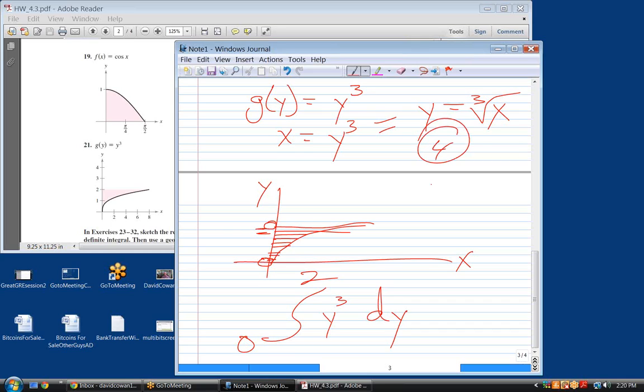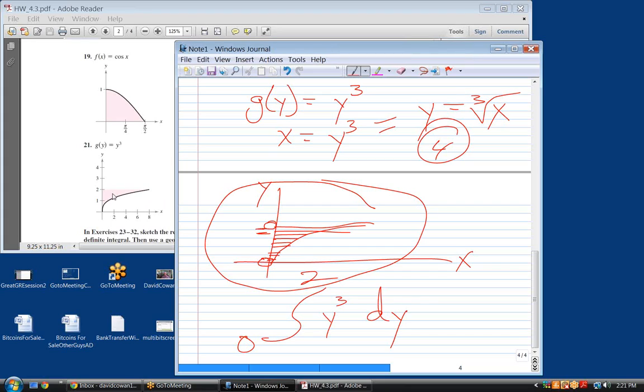Yes. Okay. First of all, do you understand this conceptually? Yeah. If I integrate on the y-axis, then I'm going to get the area between the y-axis and the curve, which is that pink area. That's what I want. I don't have to find the area of the rectangle and subtract out the area of the white area.